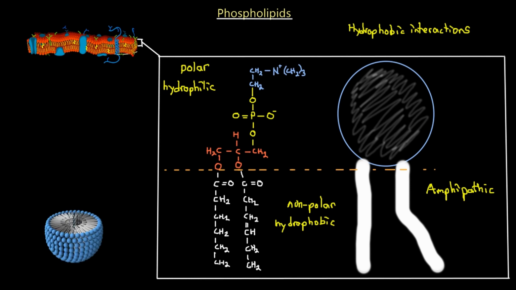And this is exactly what happens when you have these phospholipids all lined up together. As you can see, the heads would be pointing towards the water, and the tails are all wound up into this little structure, and this is called a micelle.